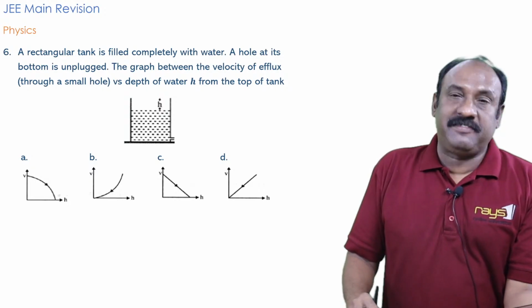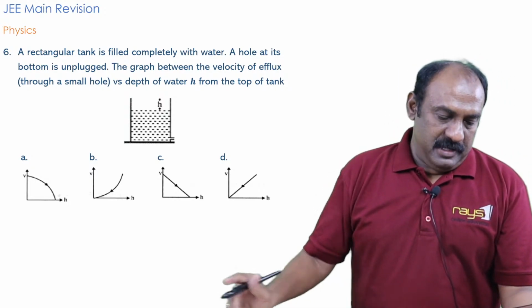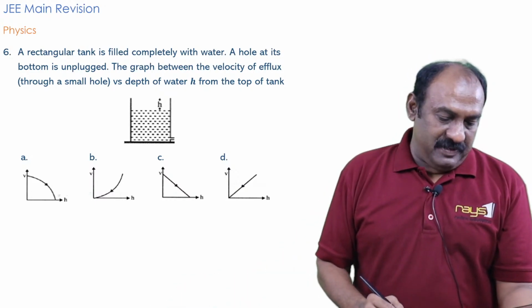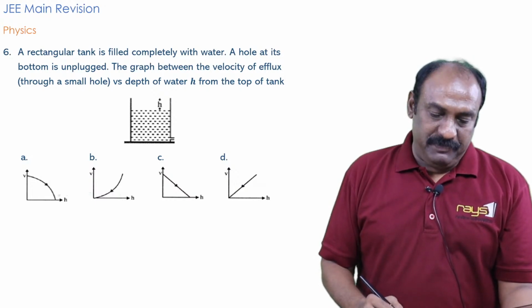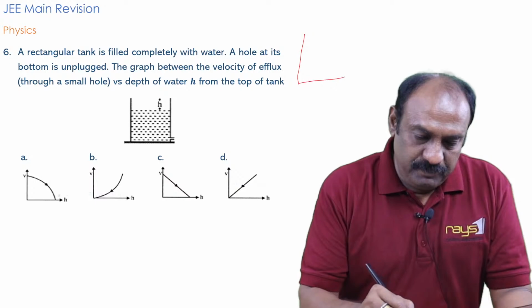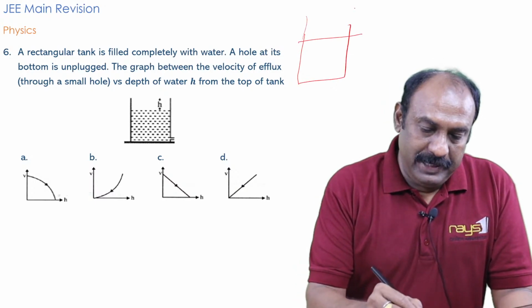Question number 6. A rectangular tank is filled completely with water. A hole at its bottom is unplugged. The graph is between the velocity of efflux versus depth of the water from the top of the tank. So this is the tank. According to the given data, see the diagram.